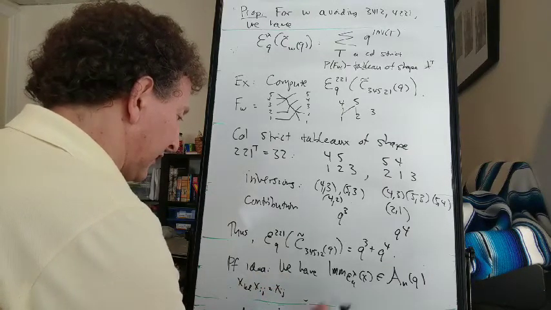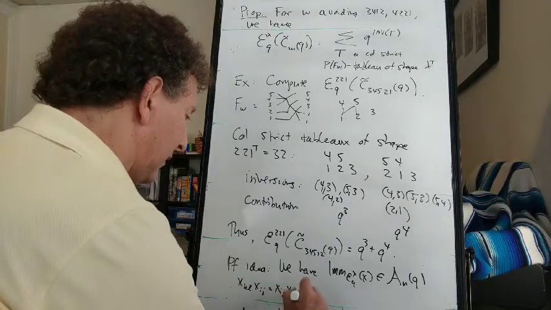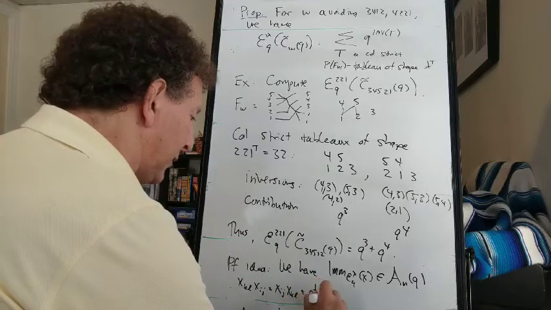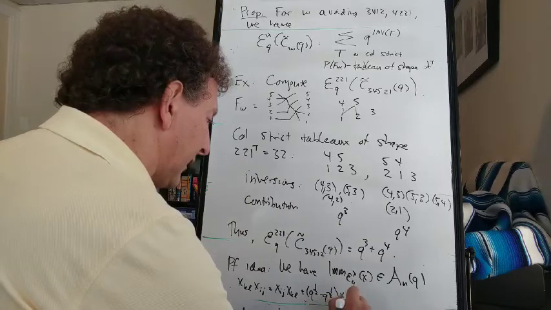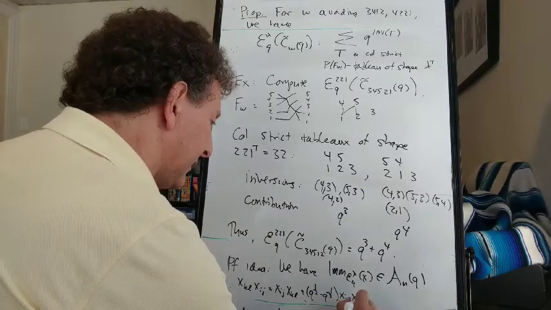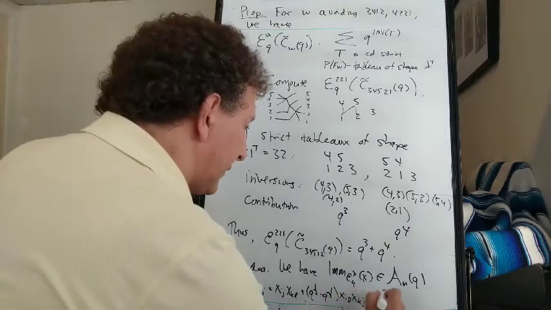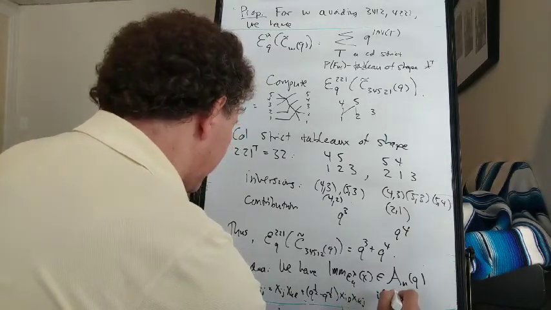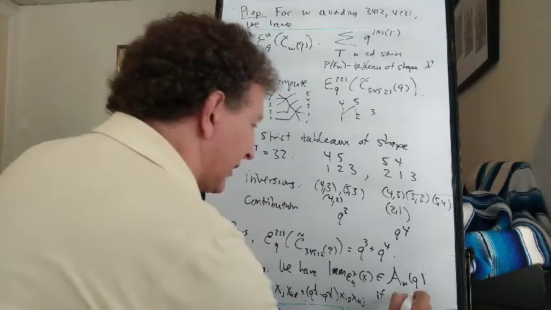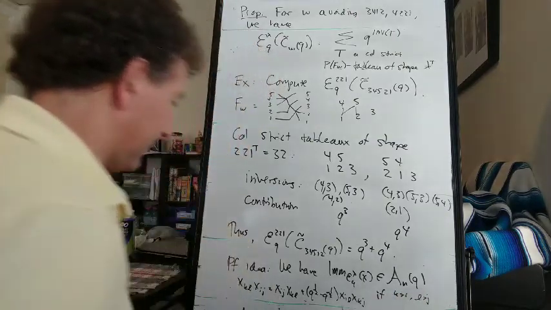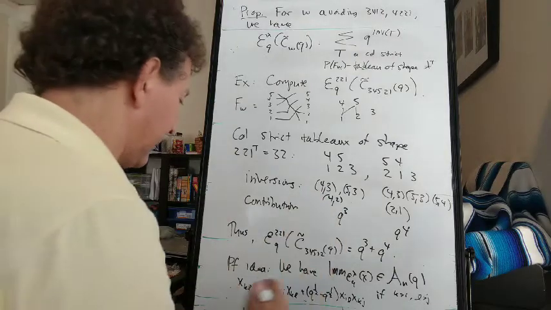So we have relations like x_kl x_ij equals x_ij x_kl plus root q minus 1 over root q x_il x_kj if k is greater than i and l is greater than j. So we have relations like that, etc.